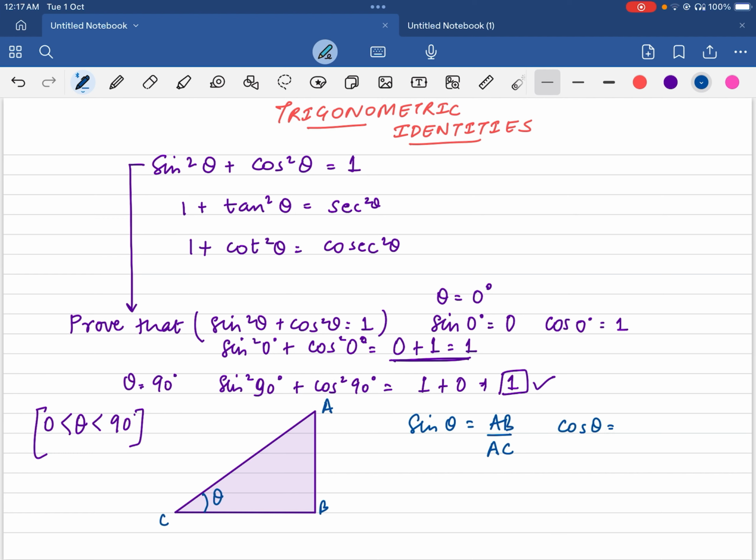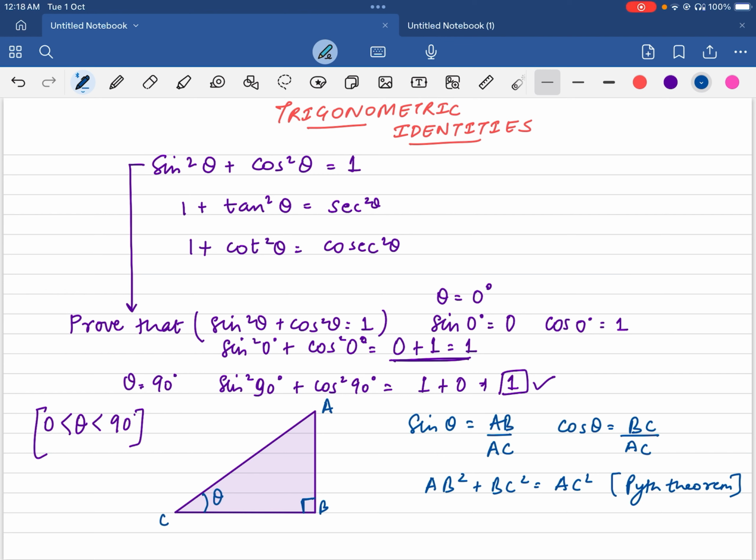Cos theta will be BC upon AC, adjacent upon hypotenuse. You should also know that this is a right angle triangle. I already mentioned in the beginning that we are only chasing right angle triangle trigonometry as of now. So we should also know that AB square plus BC square is equal to AC square by Pythagoras theorem.